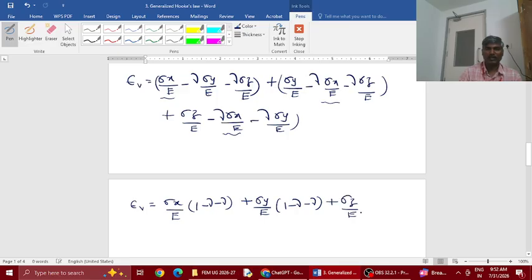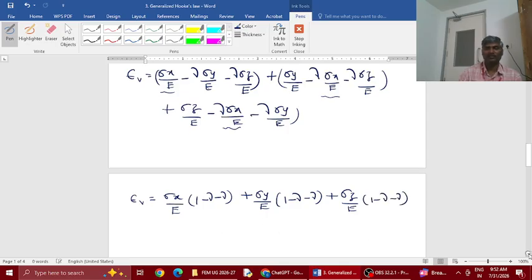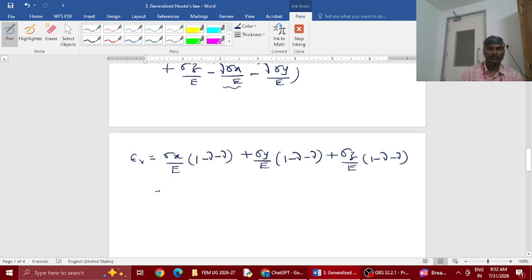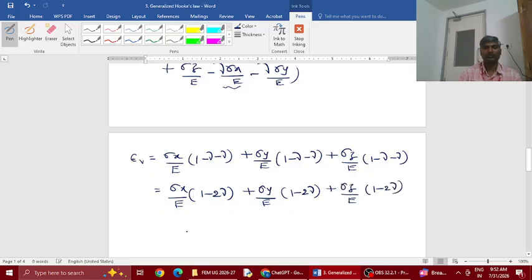Sigma z by E common, 1 minus nu minus nu. Now simplify: sigma x by E, 1 minus 2 nu, sigma y by E, 1 minus 2 nu, sigma z by E, 1 minus 2 nu. You see all the terms have got 1 minus 2 nu by E common, so pick it out. The remaining are x plus y plus z.